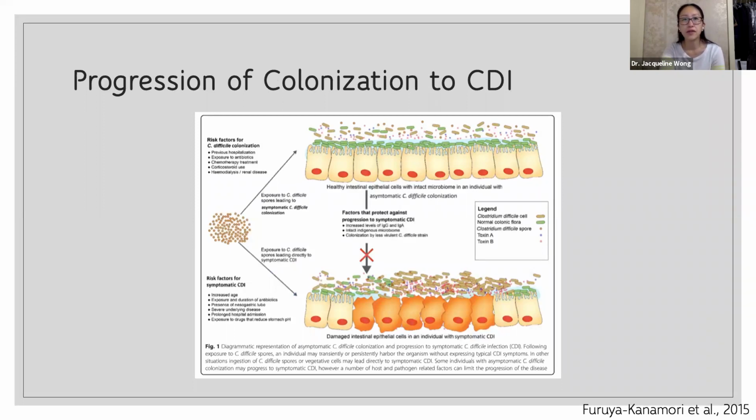So up here in the top left, summarizing what we know about risk factors for colonization in the adult population: recent hospitalization, chronic conditions such as dialysis, exposure to corticosteroids or immunosuppressants, gastric acid suppression, and in a protective sense, if someone has antibodies against certain toxins.